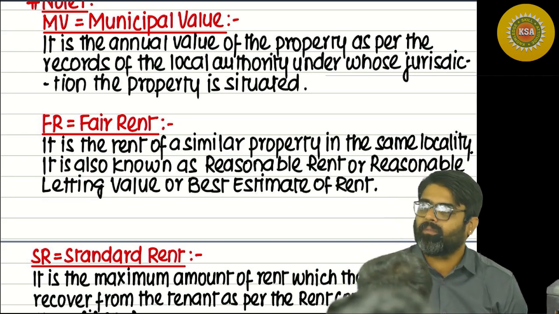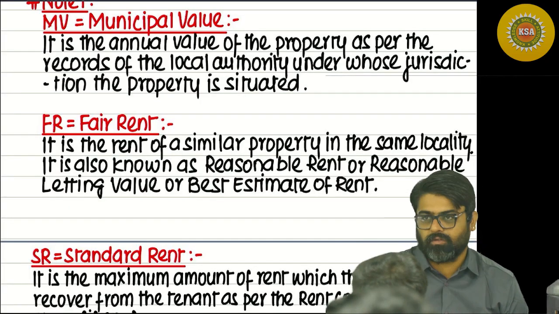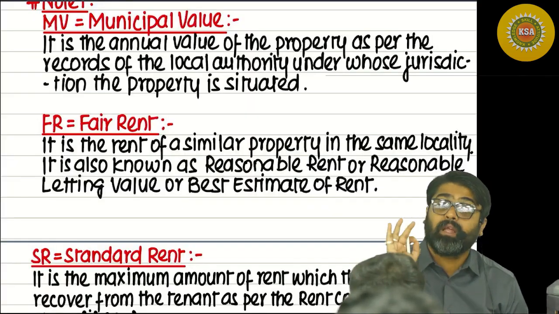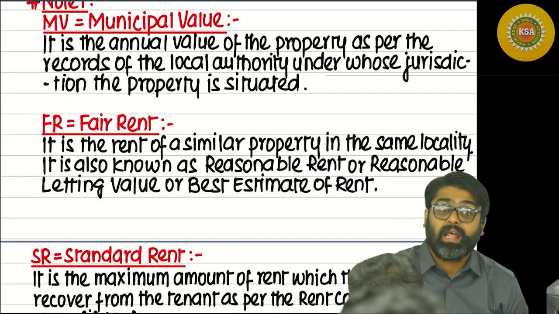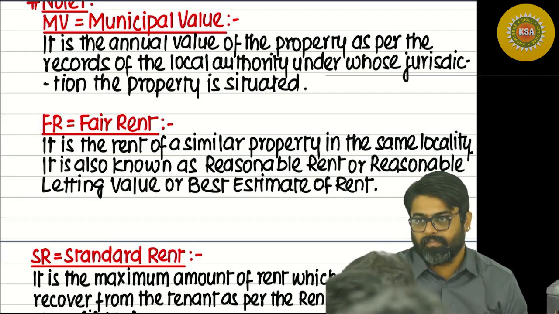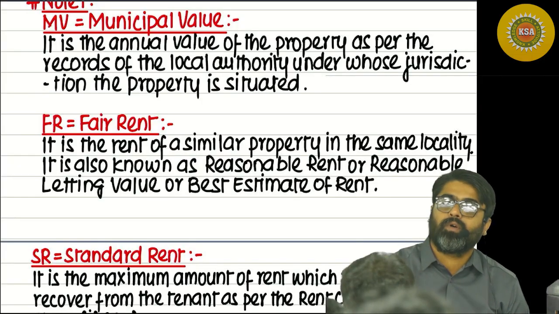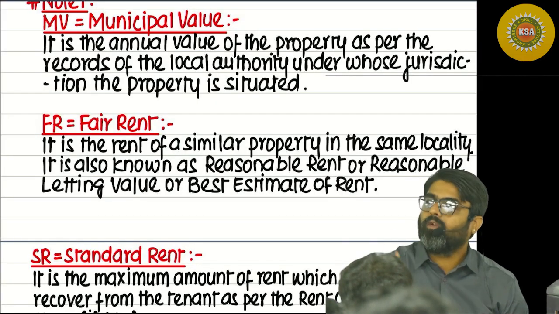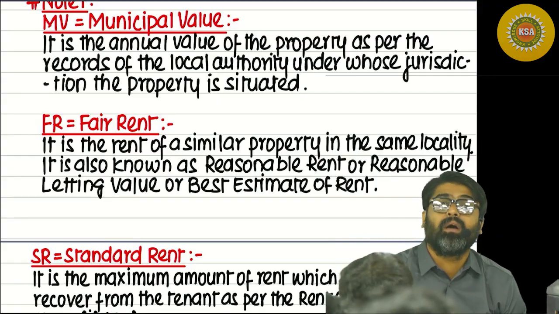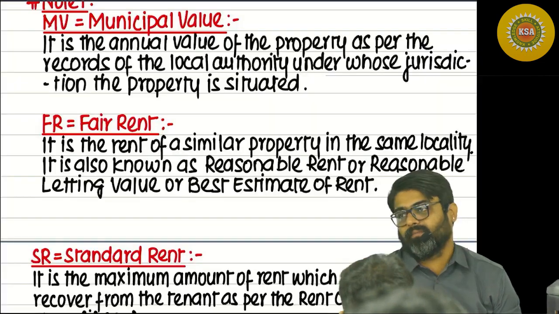The tenant has stayed in your premises for how many months? 12 months. So he should be giving you the rent for 12 months. 12 months rent became due, which means it became receivable. Out of that 12 months, you have already received the rent for 11 months and 1 month rent is still receivable. Now the tenant does not pay you that rent.